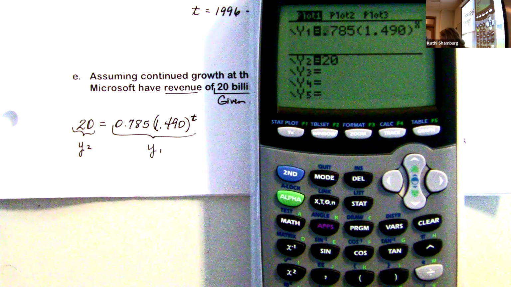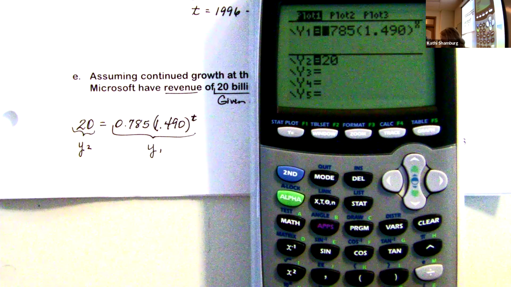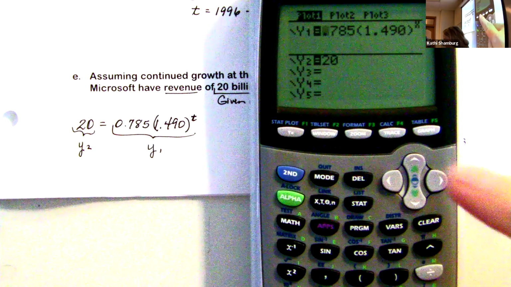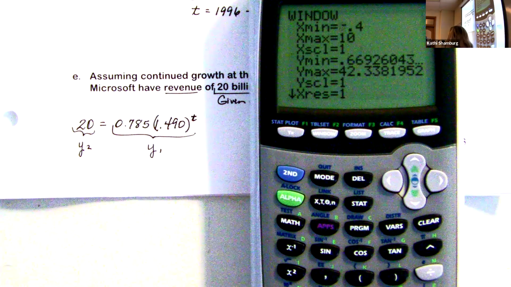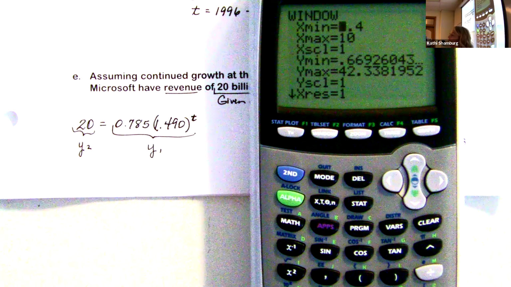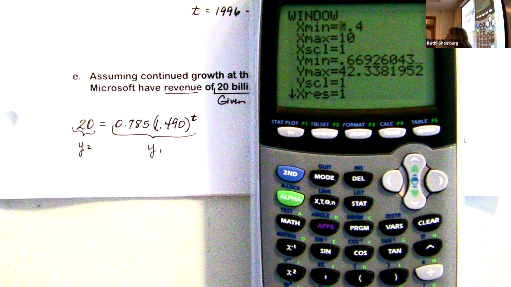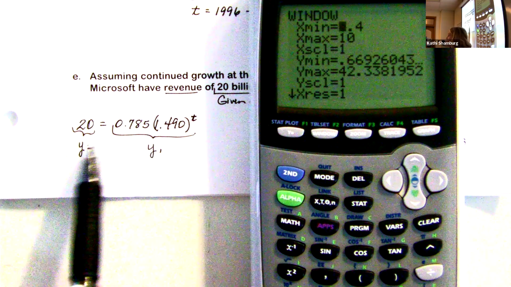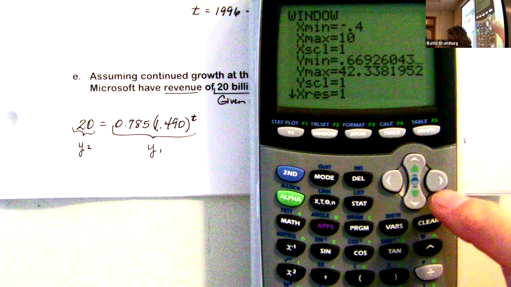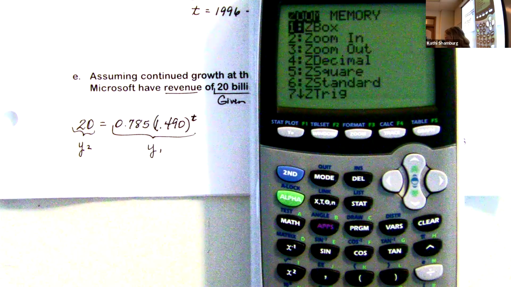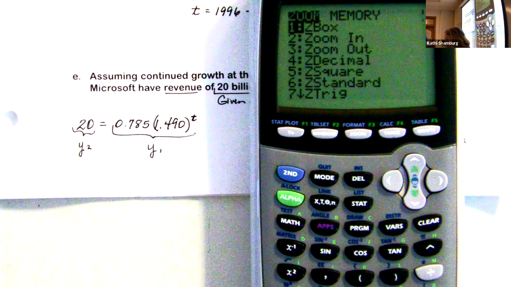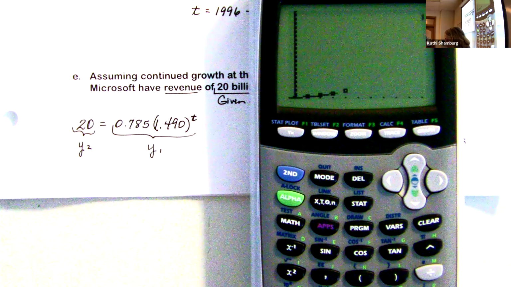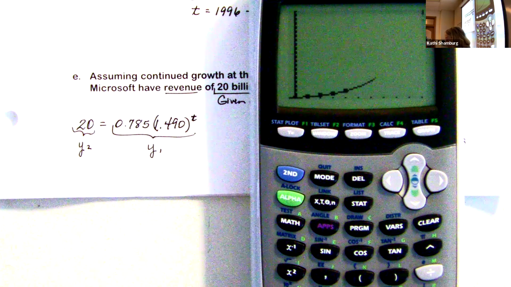Okay, so once we get those in, what do we do? Window. And I don't know, I always just leave it alone. I may have to come back to it. Ultimately, we want to be able to see the intersection when we hit zoom 0. So I may have to go back to my window, which is sometimes just a guessing game. Shoot.